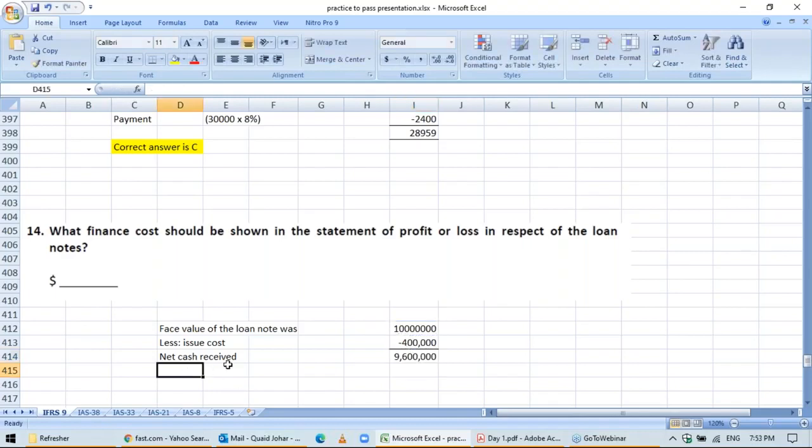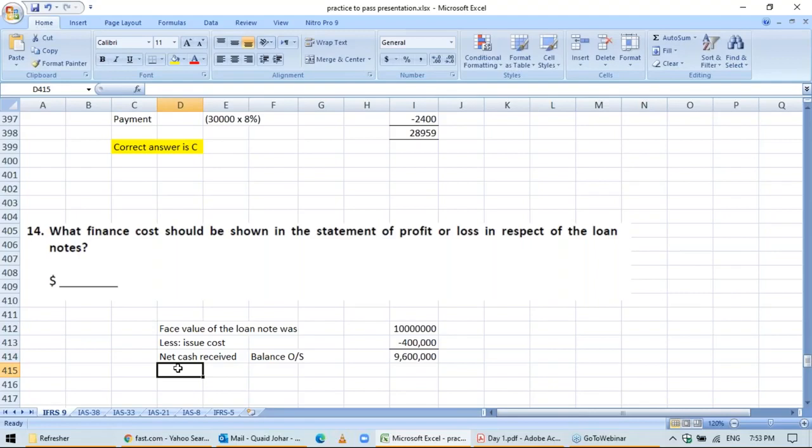So 9.6 million is the balance outstanding. This is supposed to be the balance outstanding, and the interest will be applied to this amount.